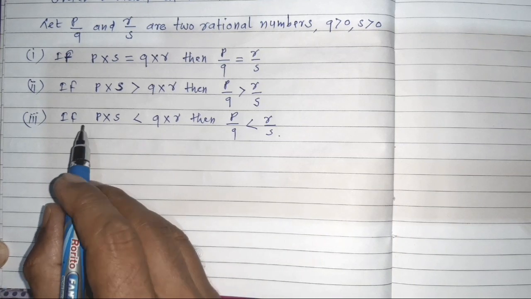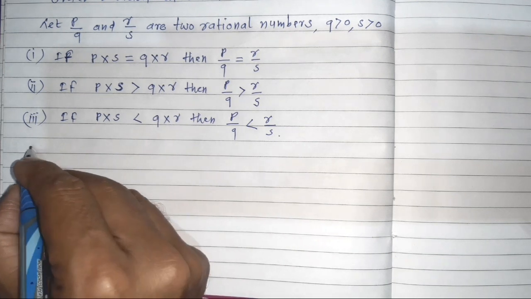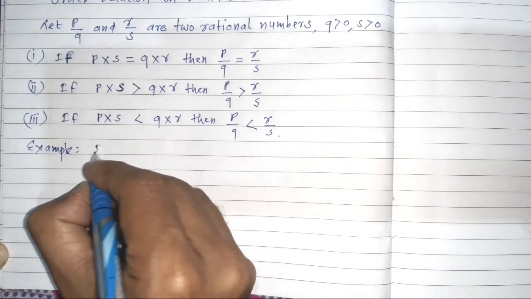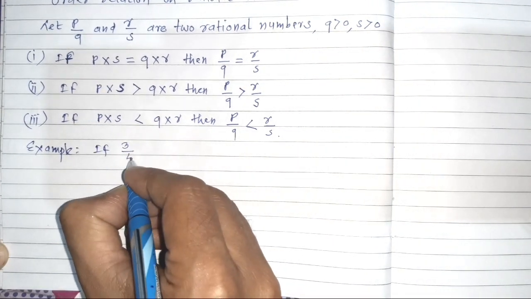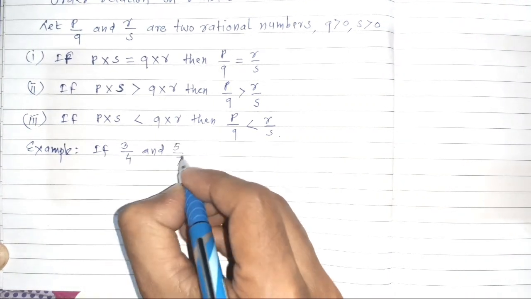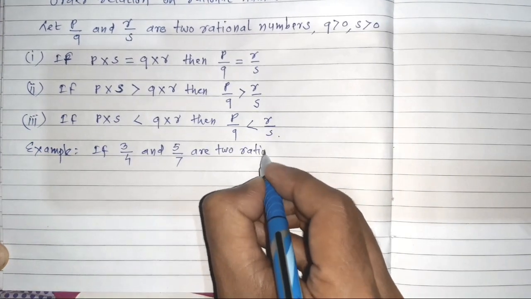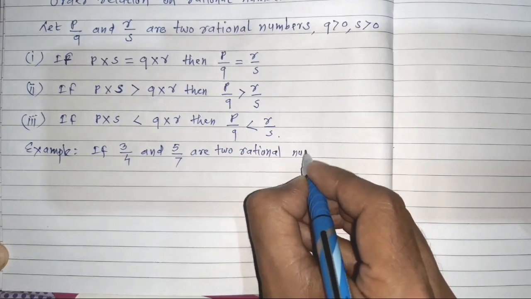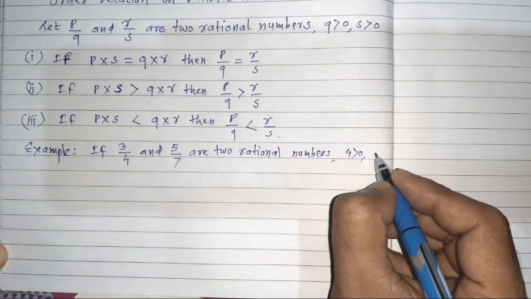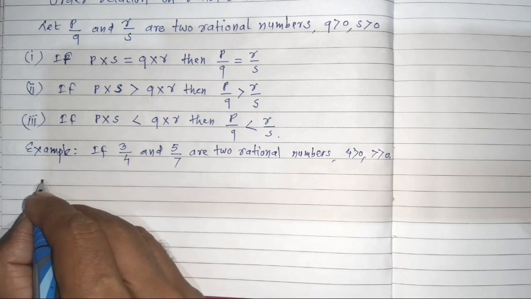Let us understand these three order relations with some examples. If 3 upon 4 and 5 upon 7 are two rational numbers, here 4 is greater than 0 and 7 is greater than 0. Now we see the first relation.